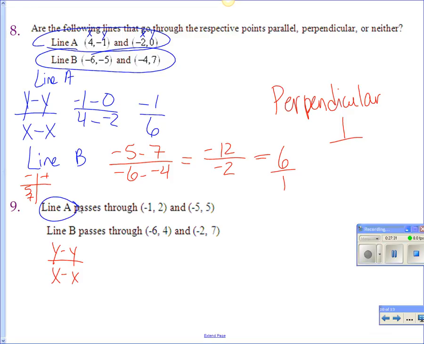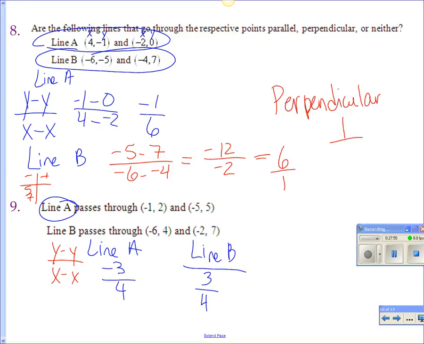For line A. Ethan G, what did you get for line A? Good. Negative 3 over 4. Good. Line A. Joey, what did you get for line B? Yeah, right there. 3 over 4.